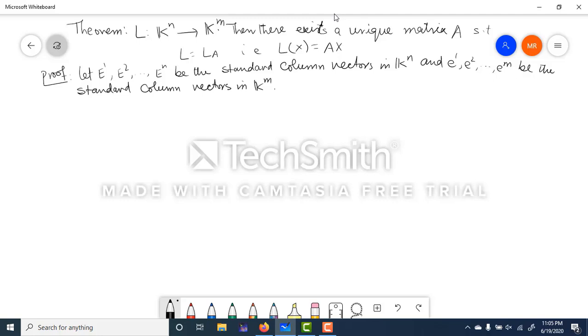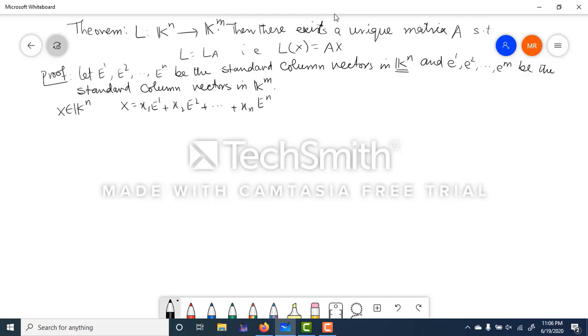Now, using these standard column vectors, if I consider x as a vector in K^n, then x can be written as a linear combination of these vectors. Hence, this can be written as x1 e1 plus x2 e2 plus and so on xn en.